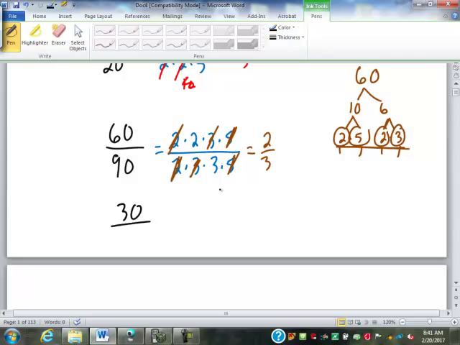So I could have, let's see here. Careful. Let's do 28 over 30. Factor 28 for me. Tell me what the factors come out to be.